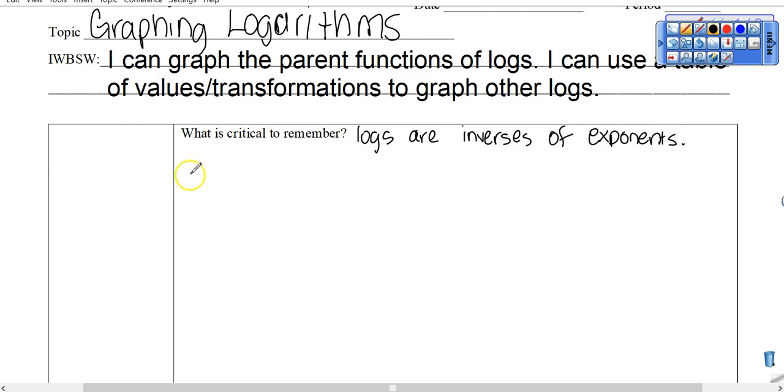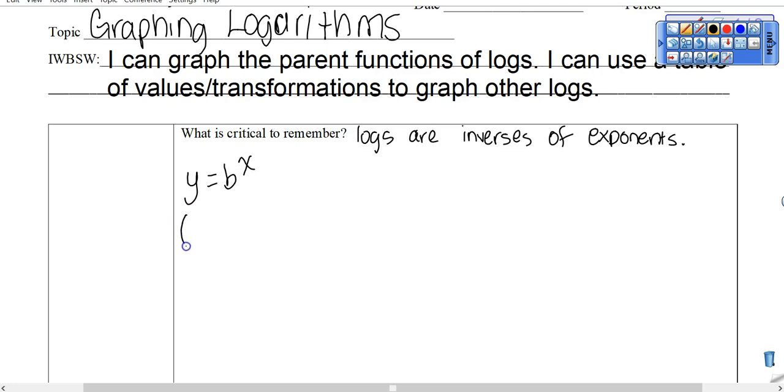So when we have an exponential, y equals b to the x, this is an exponential form, or an exponential function. If I wrote it f of x, you know it would be in function form, but it's still a graph. We typically graph three points. We pick -1, 0, and 1 for our x, and we plug them in.